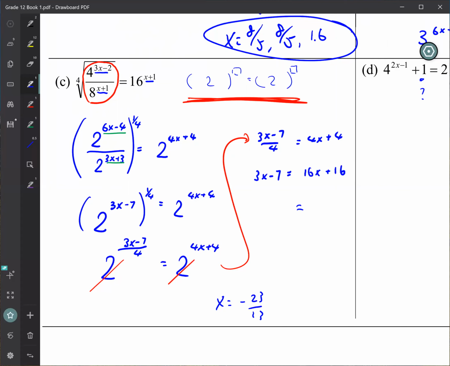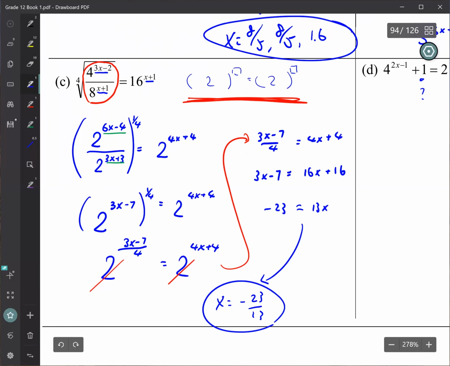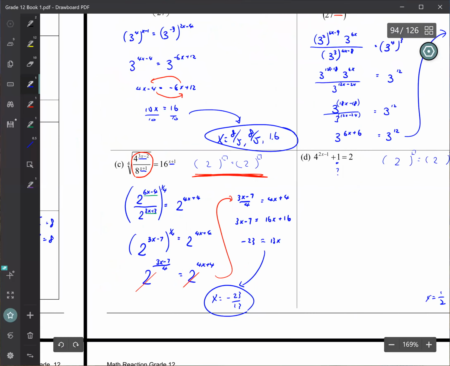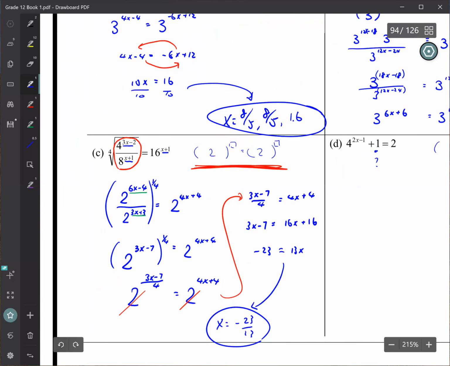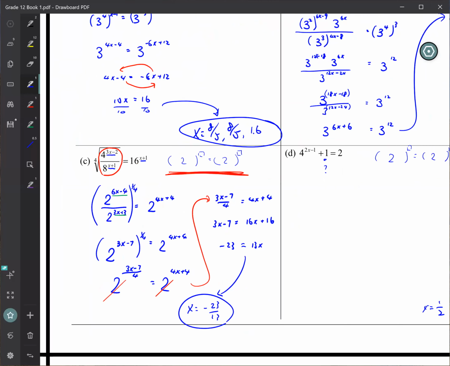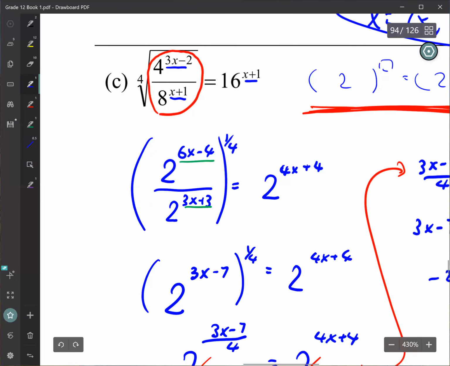Okay, I think this will end up as 13x equal to negative 23, and that will give you the final answer. Okay, so this one is fine. And just remember, if there's a root, you could do it later, otherwise you have too many fractions if you share it in too early.